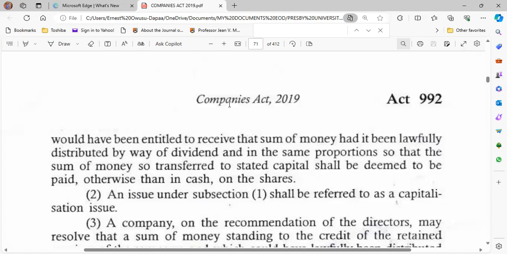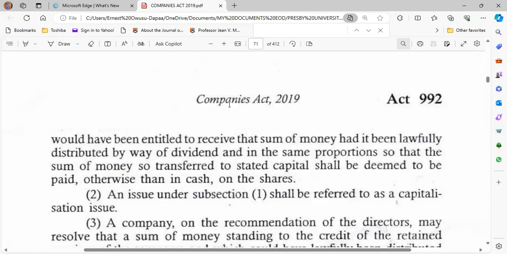So the company can pass a special resolution, in respect of which advance notice will be given, and then 75% should approve it when it is put to vote. And the company will say that instead of distributing this money as dividends, let us plow it into the company.